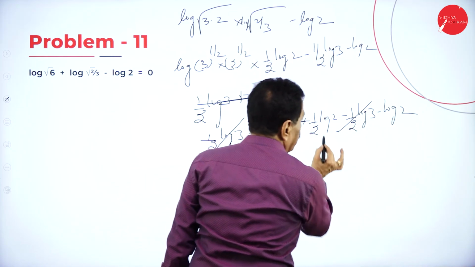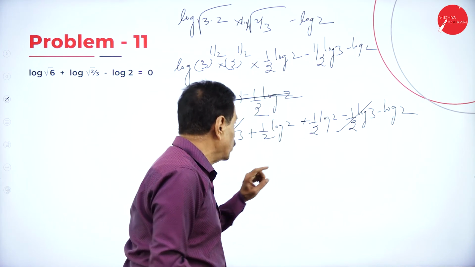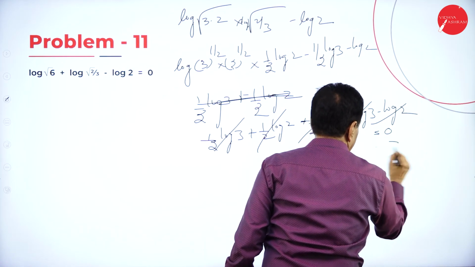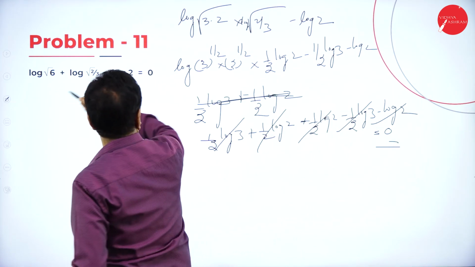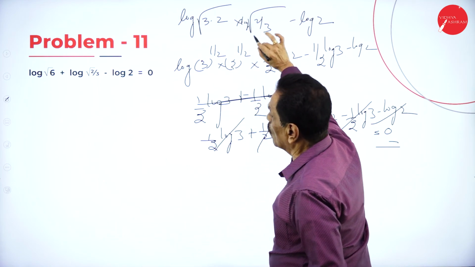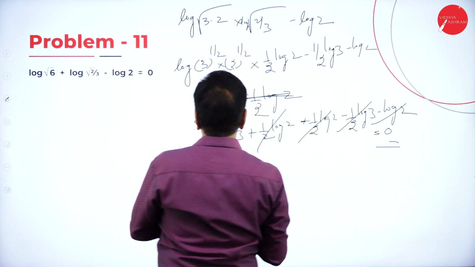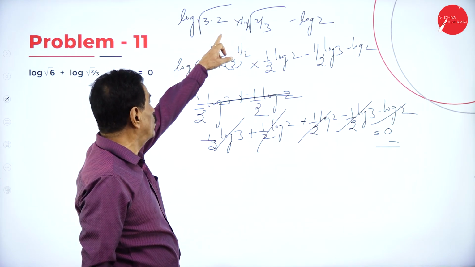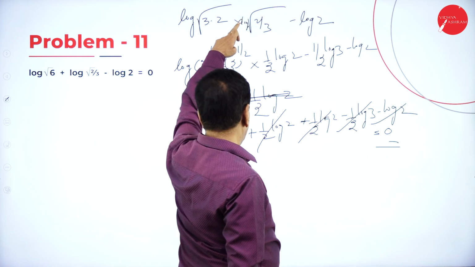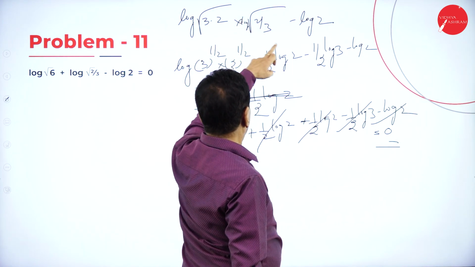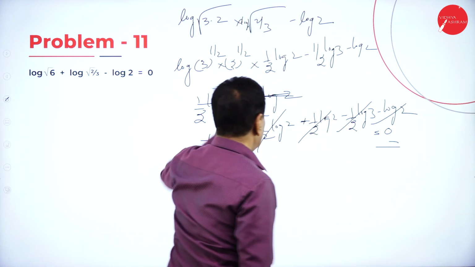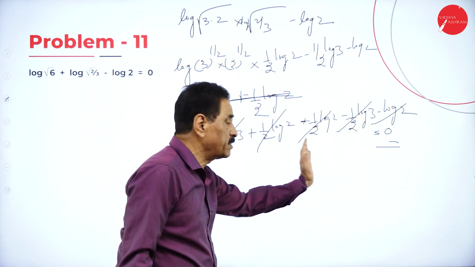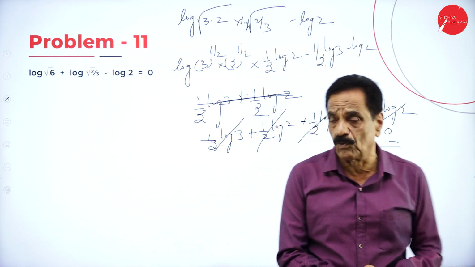Half log 2 plus half log 2 is 1 log 2, minus log 2 cancels out. Half log 3 cancels out. It's 0. I have proved.